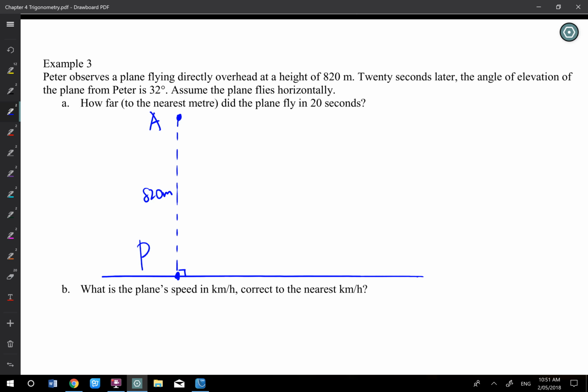Twenty seconds later, the angle of elevation of the plane from Peter is 32 degrees. Assume the plane flies horizontally. The plane is not going to go down or go up, so it flies in that direction.